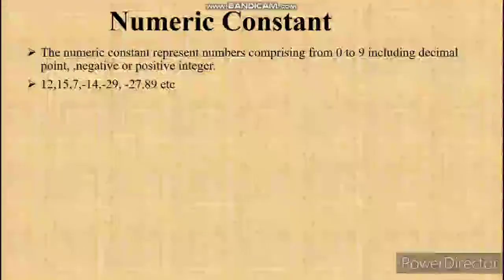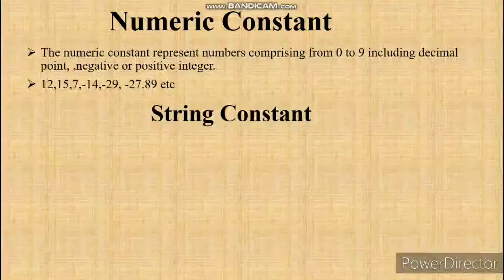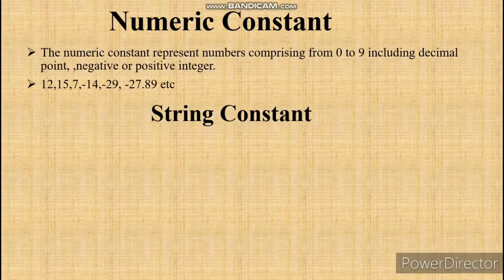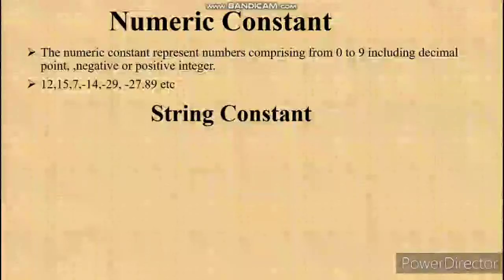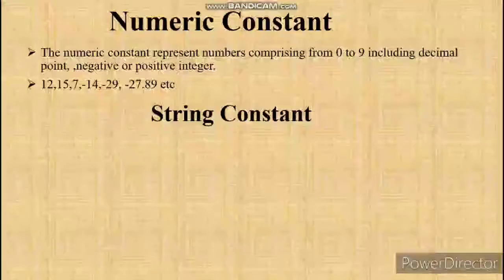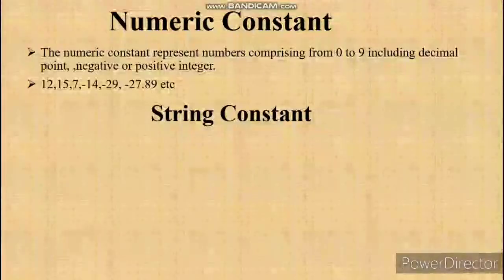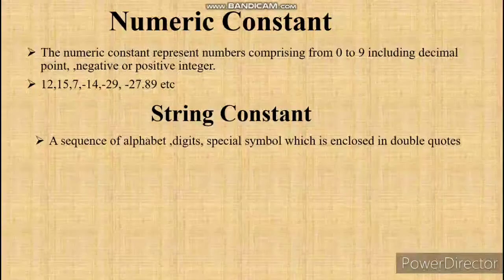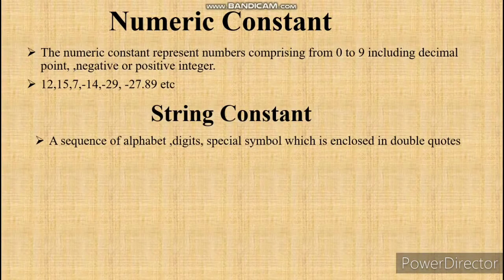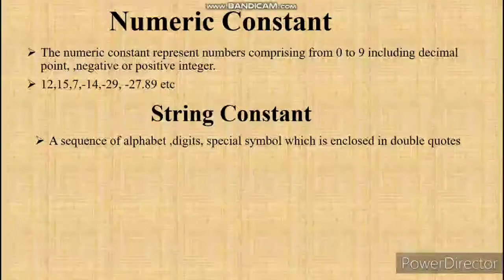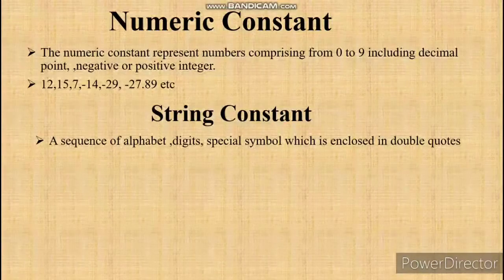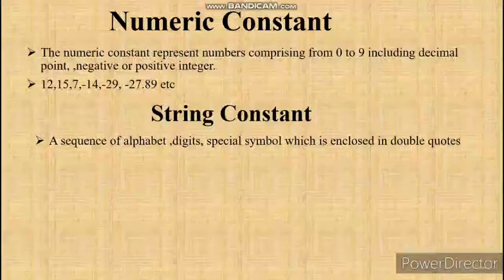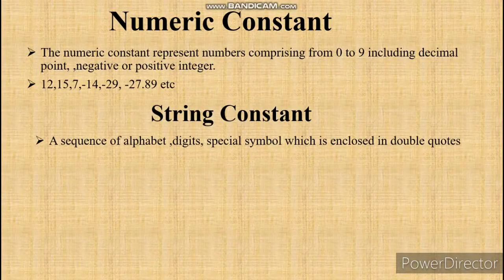Next is string constant. String means a set of characters. A string constant is a sequence of alphabets, digits, and special symbols enclosed in double quotes.